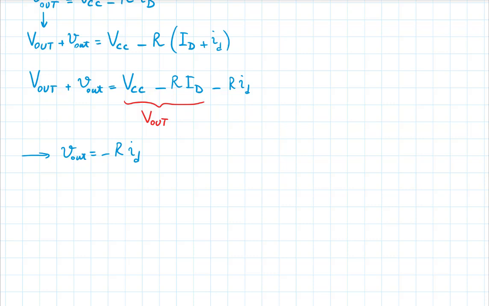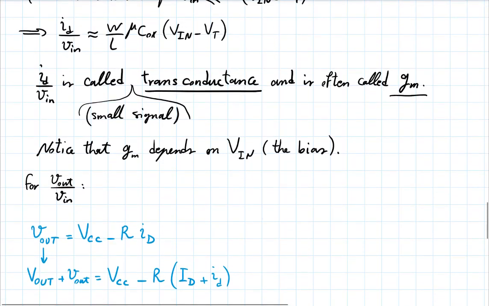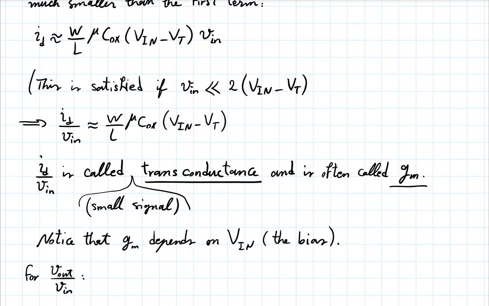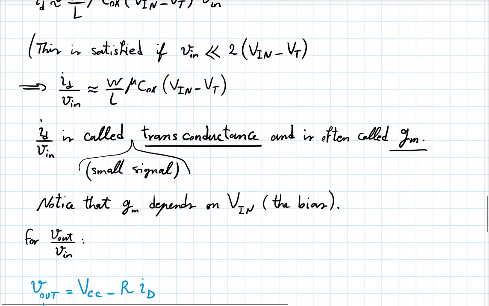Your small signal output voltage is just minus R times the small signal output current, which we have from before, because that's just this was my GM, right?